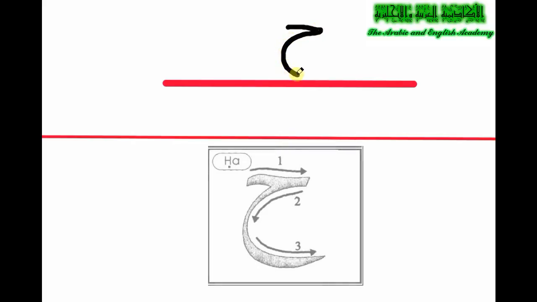Next letter we have looks very similar. It is Ha, and Ha is basically the equivalent of the English H, except heavier, like ha, a little heavier than the average English H, and it's just like the Jeem, except no dots, just like that.